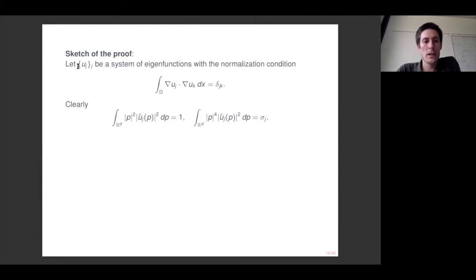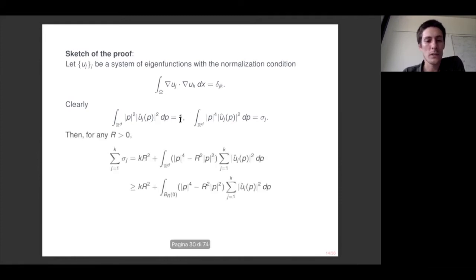And so we take u_j to be a system of eigenfunctions with this normalization condition on gradients, and of course by Fourier transforming the normalization condition and the eigenvalue equation, one has these two relations here. So for any r greater than 0, one can rewrite the sum of the first k eigenvalues in this way, simply by using this true equality here.